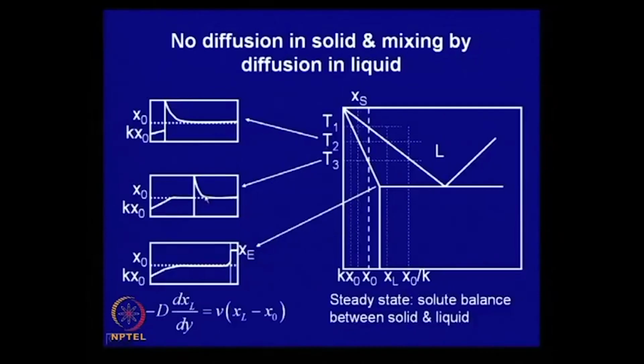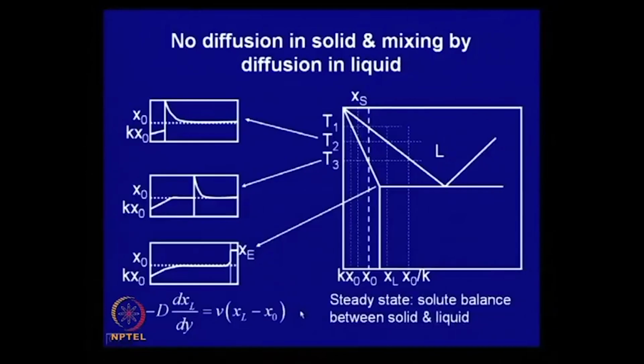So, that means there will be a stage somewhere here where there will be a balance and a steady state, and after it reaches the end, again that liquid will try to get enriched. So, it is something like this. That means, towards the end there will be a large difference in composition in the liquid, where the liquid will have a build-up, and here it may reach that eutectic composition.